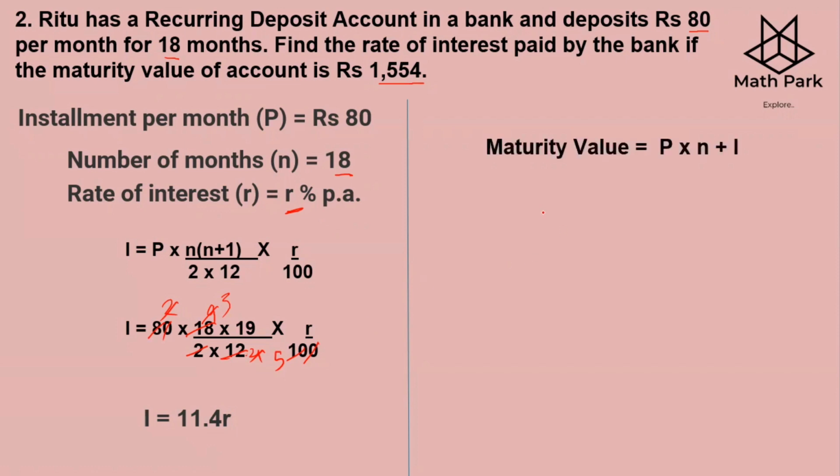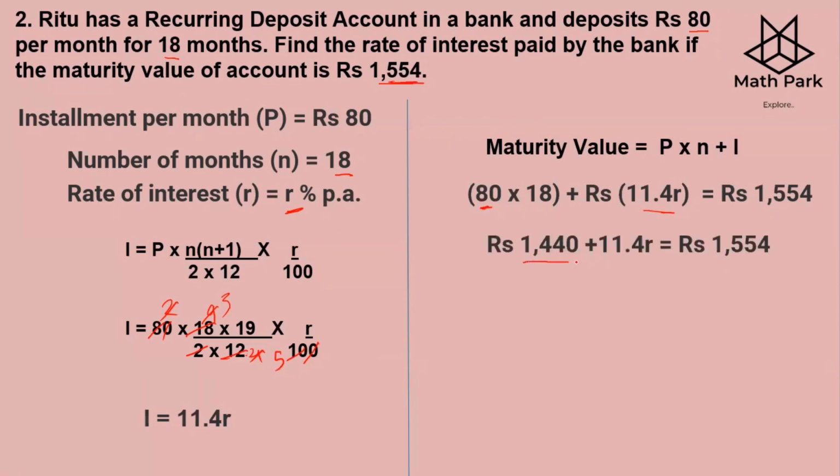Now the maturity value is P times N plus I. Maturity value is known to us. So let us put in the formula. P, which is 80 times 18 plus the interest, which is 11.4 R, gives the maturity value 1,554. 80 times 18 is 1440 plus 11.4 R. This 1440 we shift, we solve this equation.